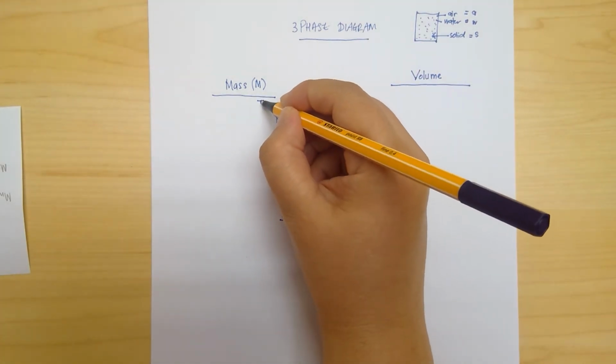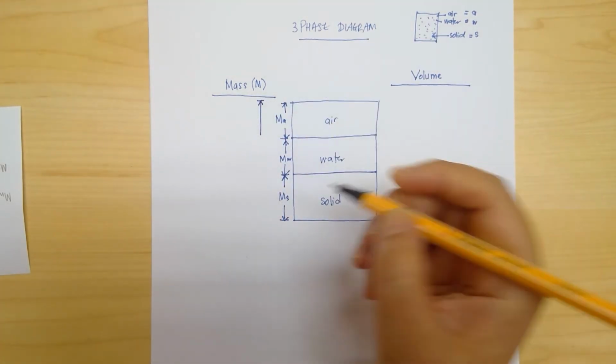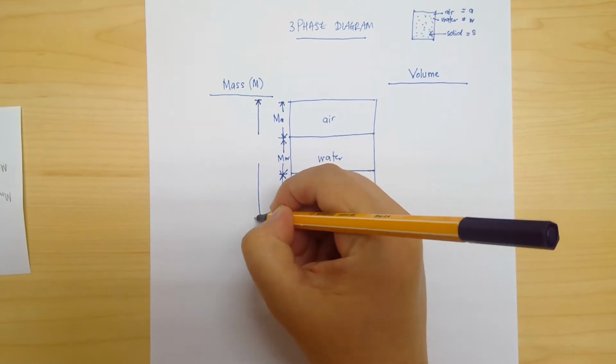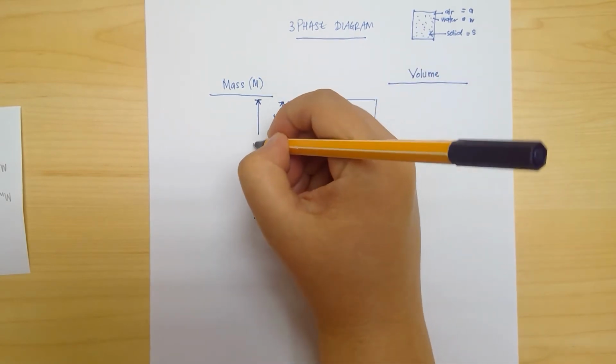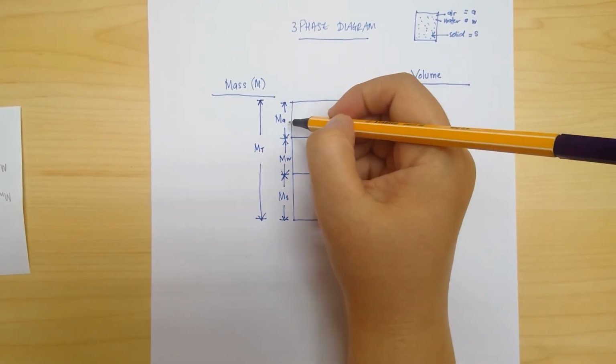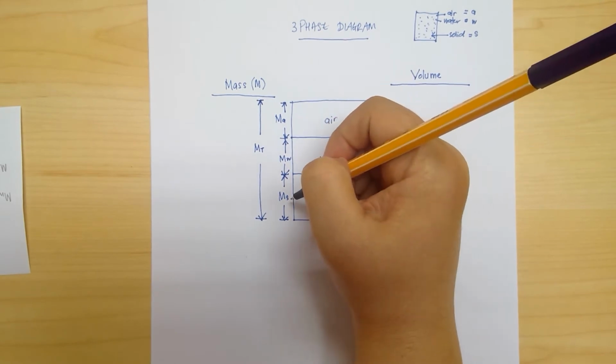Of course, the total mass m total is equal to ma plus mw plus ms.